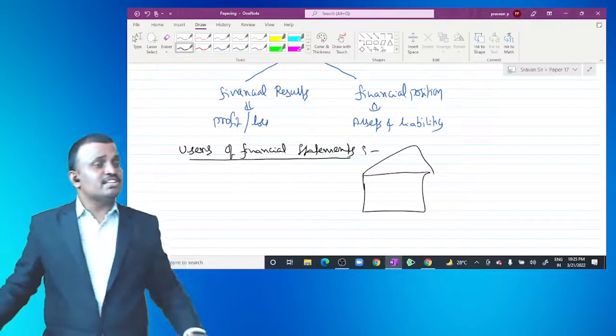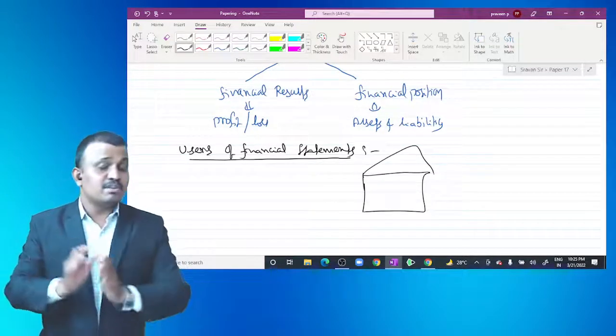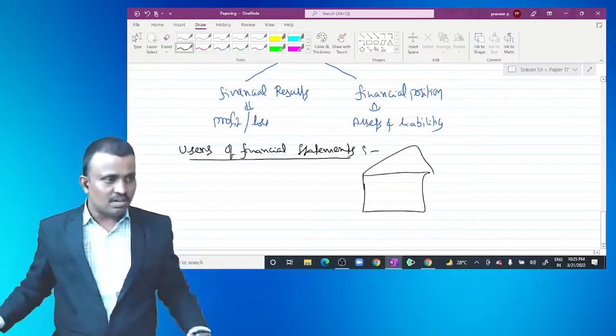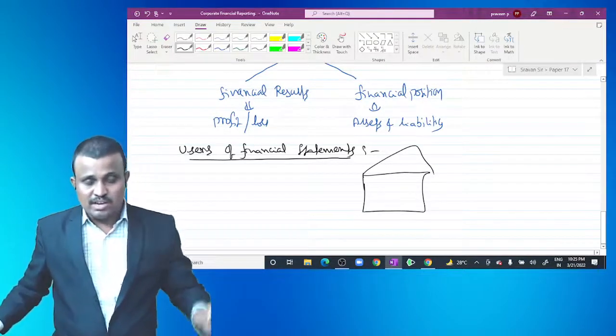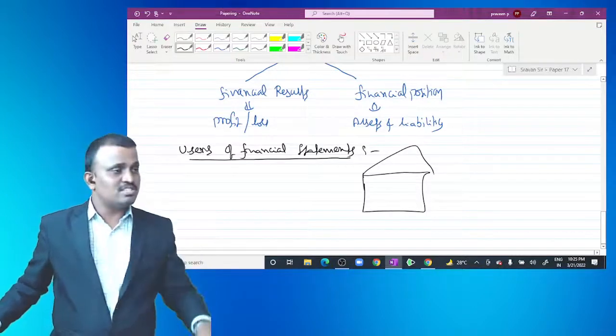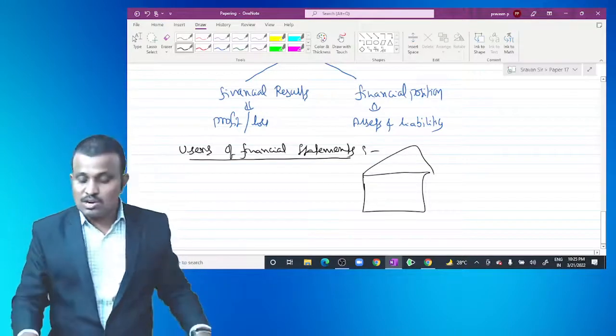Every party requires the financial information of the company. Based on the financial information, they will take the decision whether they will continue with the business or not. Those persons who deal with the business in the day-to-day business operations are technically called users.